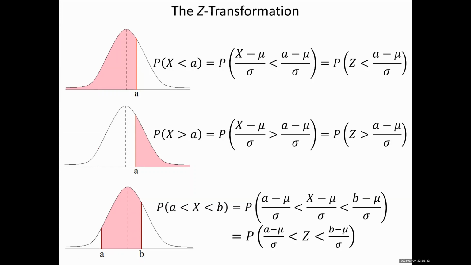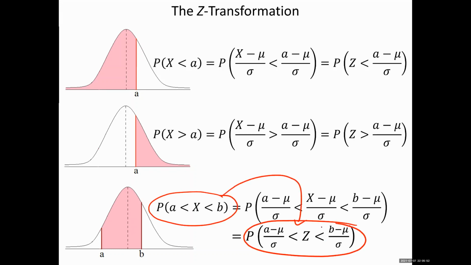The point is we turned a normal distribution problem into a standard normal distribution problem. And then we can do the problem the way we did, because we can calculate the standard normal distribution stuff from the stuff we learned before.